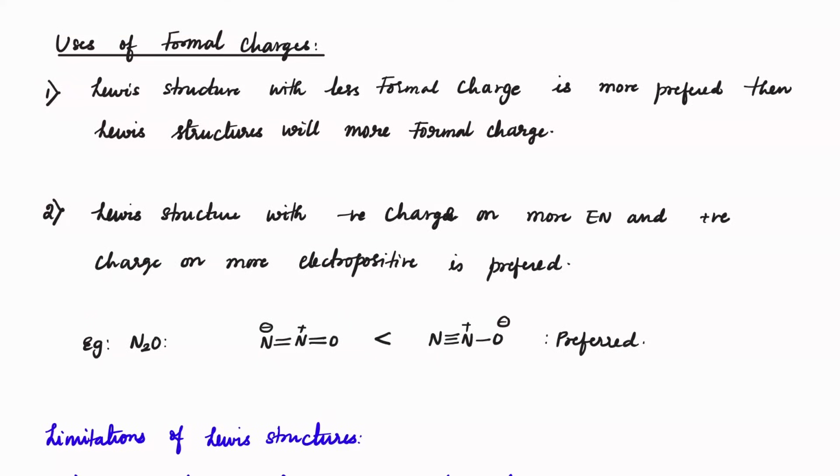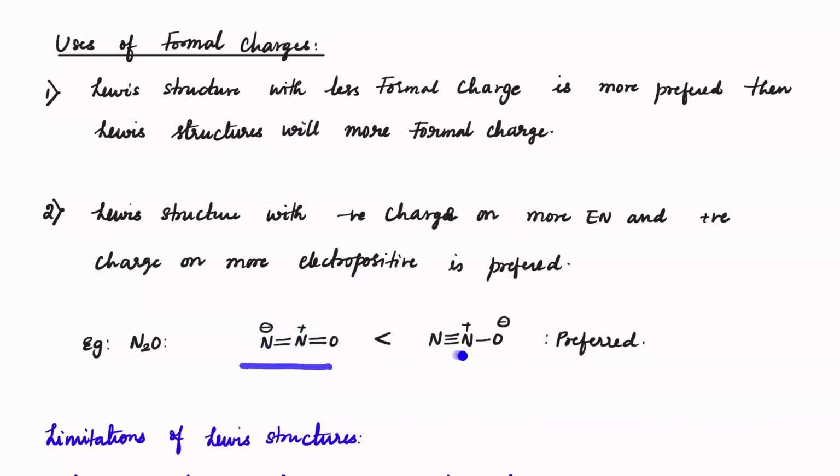Quickly check out what the uses of formal charges are. Lewis structures with less formal charge are more preferred than Lewis structures with more formal charge. Second, a Lewis structure with negative charge on the more electronegative element and positive charge on the more electropositive element is always preferred. For example, in N2O, the central nitrogen has a plus charge and the side one has a minus charge.